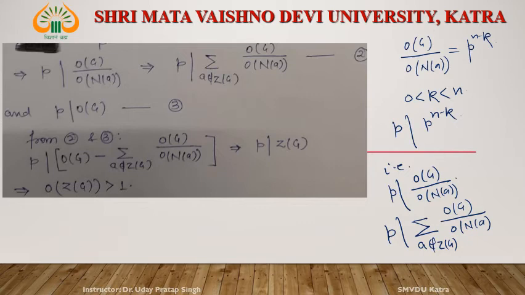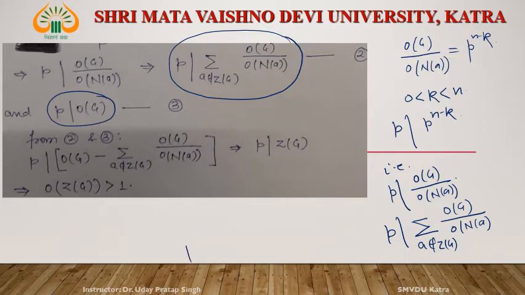P divides this also. If P divides this and P divides order of G, if a prime number P divides A and P divides B, it means P divides A minus B also. If P divides order of G and P divides this, then P divides their difference also.